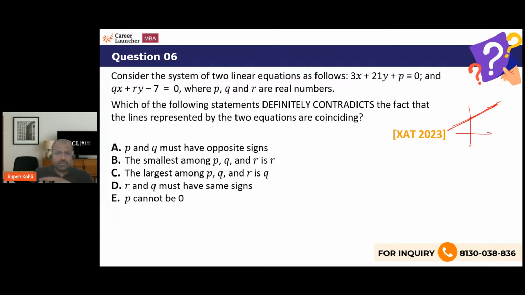Options are like, P and Q have opposite signs. Smallest among this is this. So the options are about the plus or minus sign of the variables, or about which is the smallest, which is the largest. Let's see.